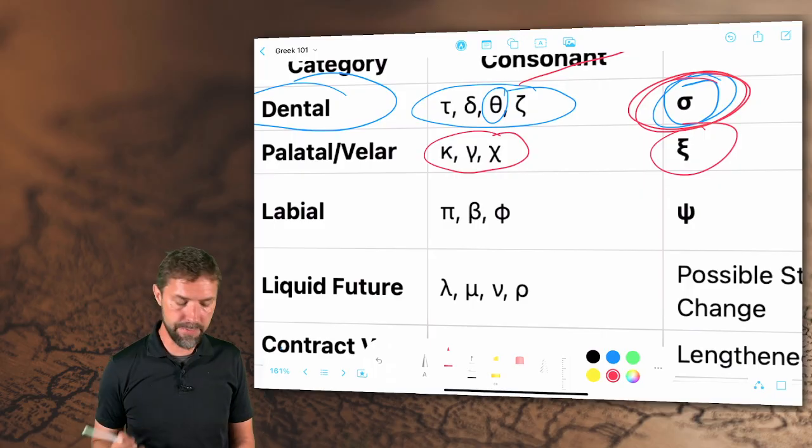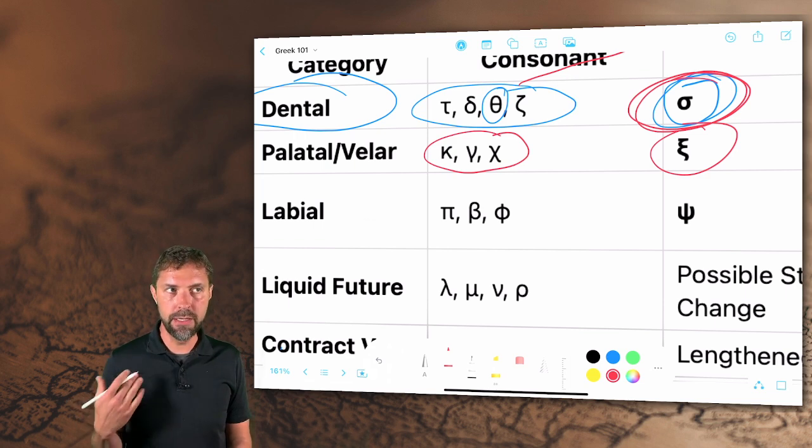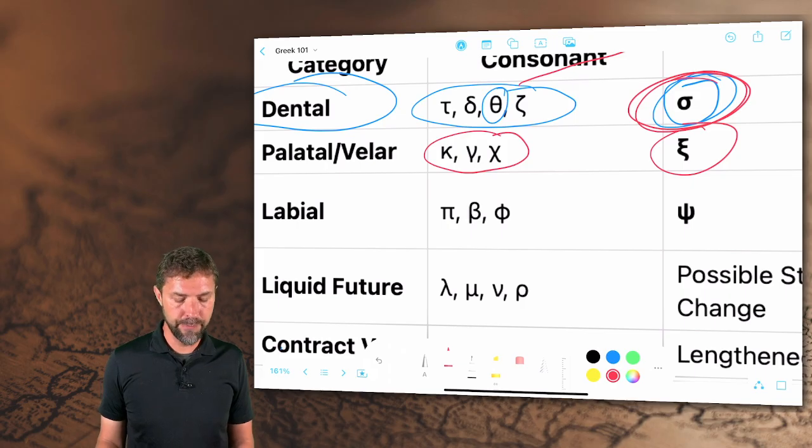Labials are lips. And so the sounds that we form in Greek with our lips would be p, p, p, lips, b. Difference between p and b is I just engaged my voice. And f. Now, technically, the f is something I do with my lips against my teeth. But it still involves the lips.